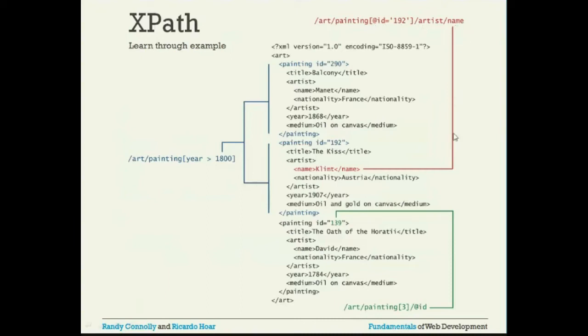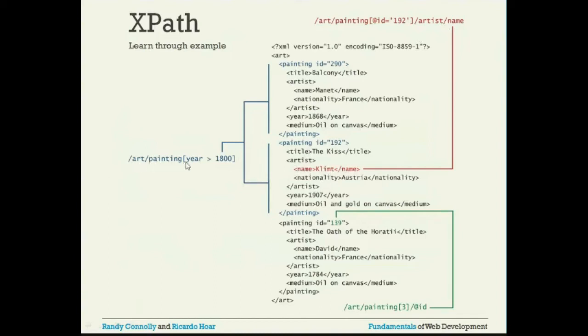What it will do is get this particular element. How does it come to that element? It will take art, then painting ID 192, and after that we have artist, and after that we have the name. So it will access this particular element.